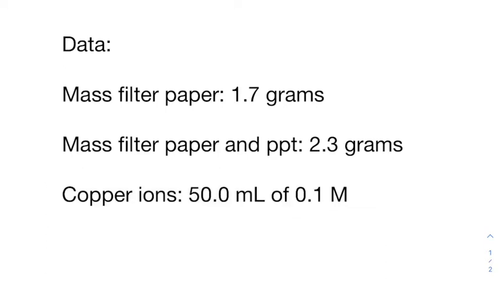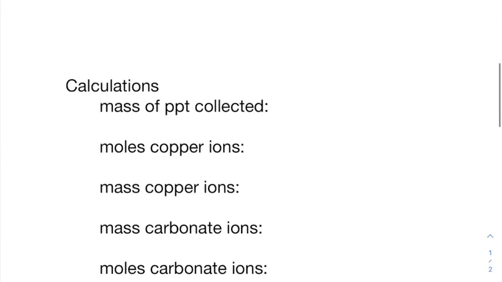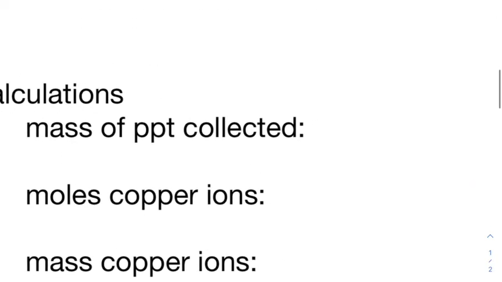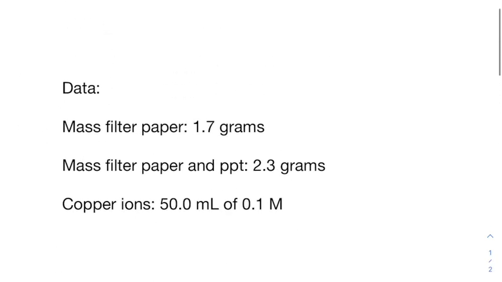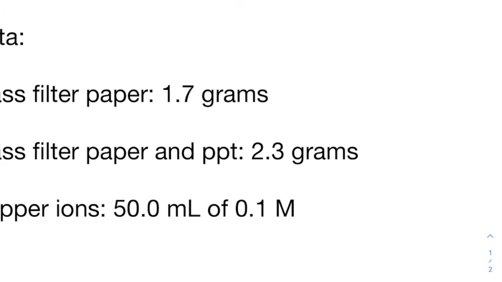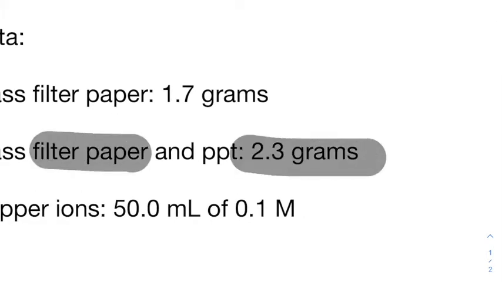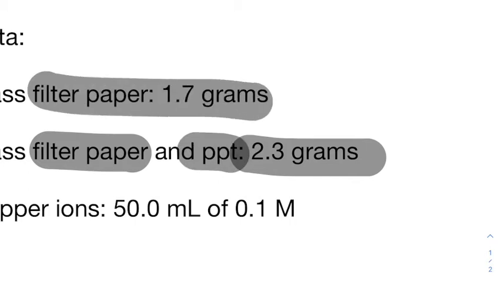So the first thing that we need to do is to figure out how much precipitate was actually there. How much of the precipitate was actually collected? Well, if it was 2.3 grams of the filter paper with the precipitate, if we just subtract out the filter paper, we should get the mass of just the precipitate.